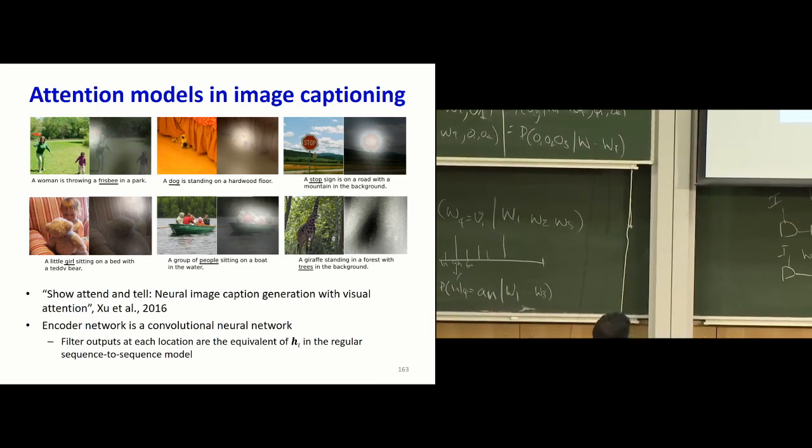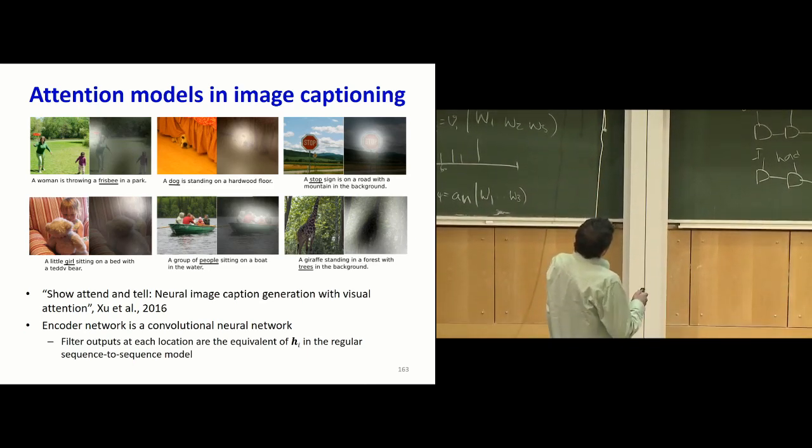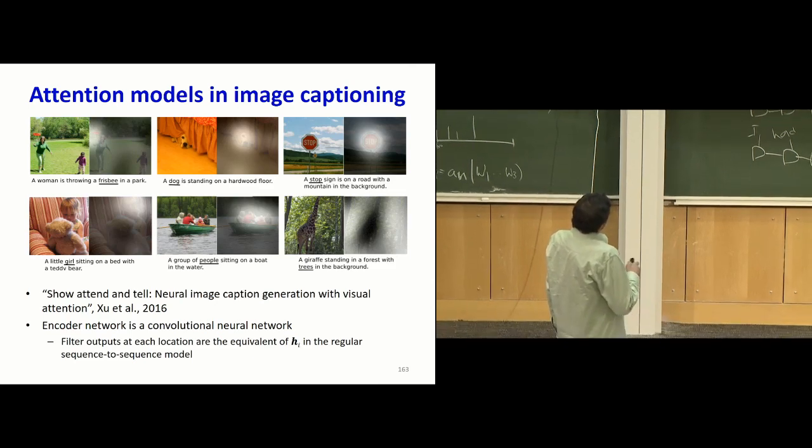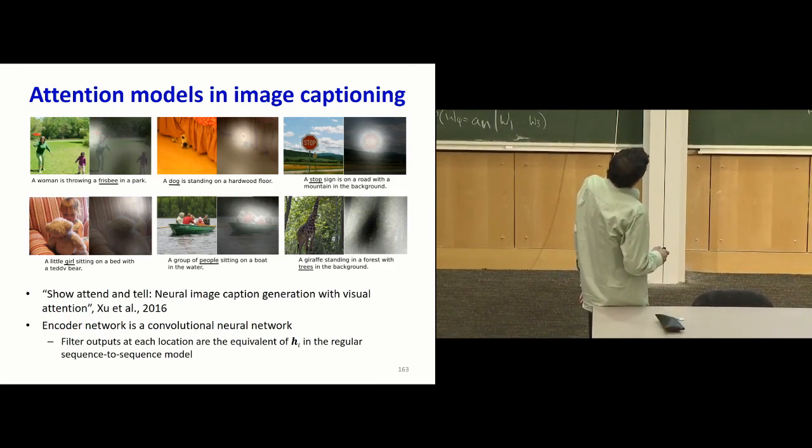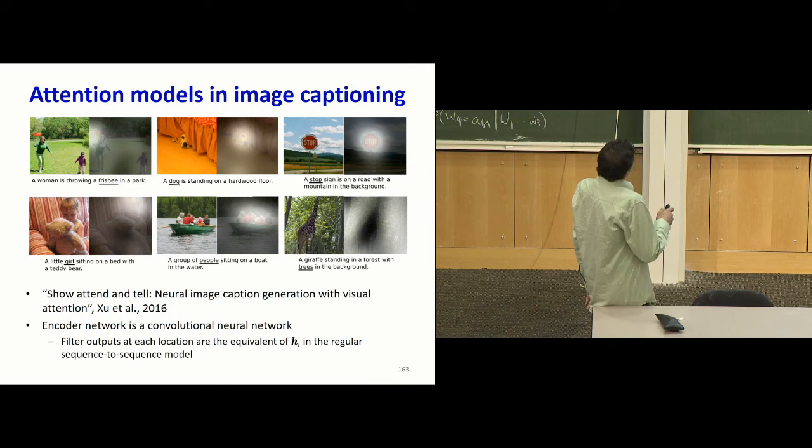So here is a very nice result from a paper called Show, Attend, and Tell from 2016, where they do image captioning using these attention models and observe how the attention learns to focus on the right portions of the image. This says the woman is throwing a frisbee in a park, and here is the attention map when it was producing the word frisbee, and see how it focuses on the frisbee.